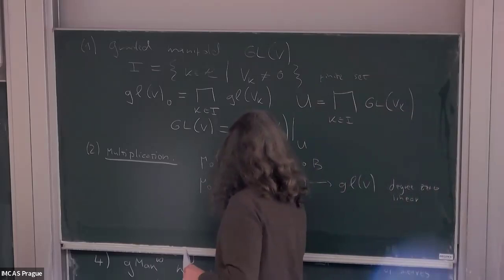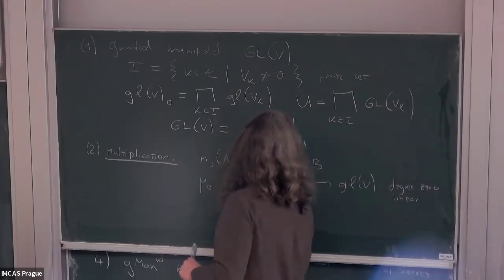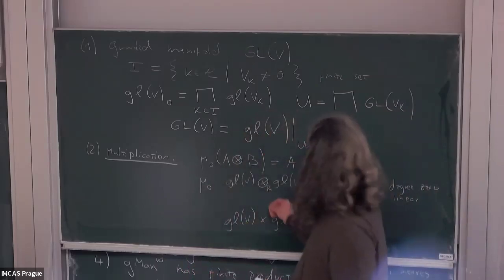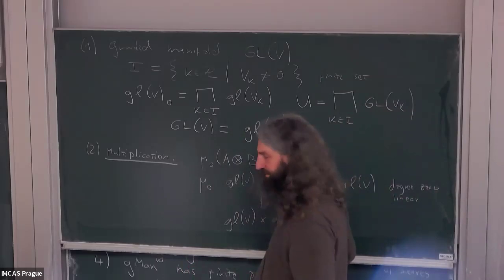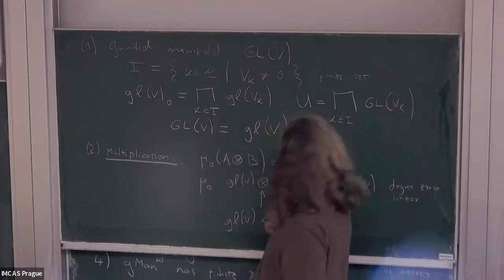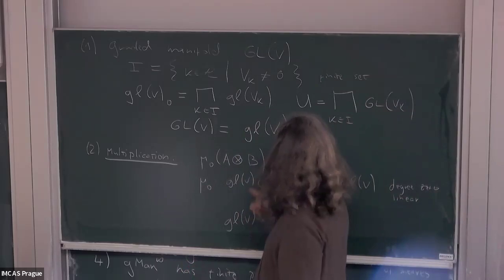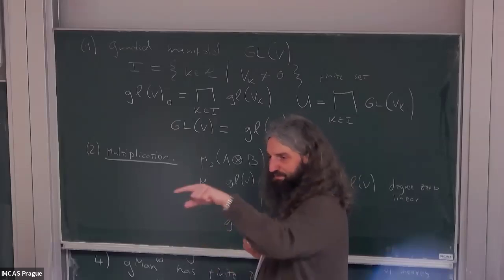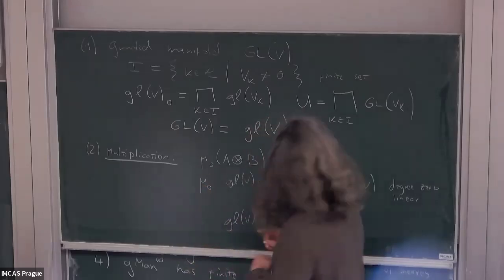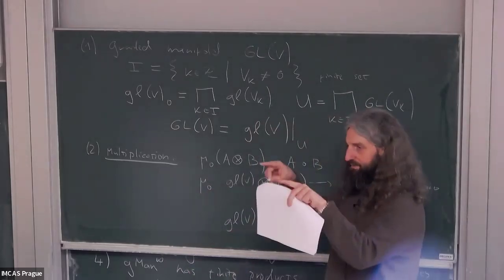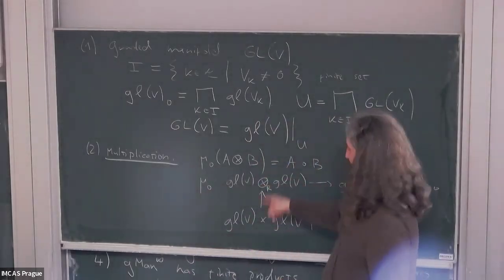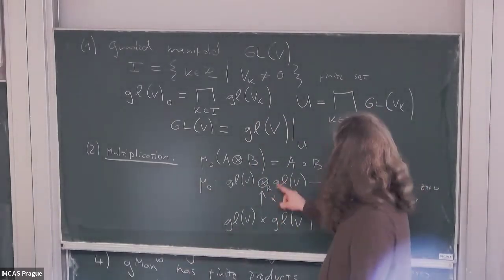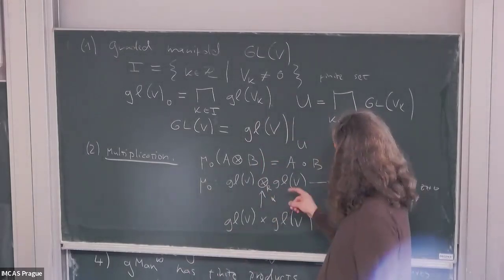And then you construct, you take the product manifold. So you take the product of those GLVs. And it's very easy to construct a canonical graded smooth map from here to here. It's motivated by the usual map from V times V to V tensor V, a very natural one, taking a pair V, W to V tensor W. So it's a graded smooth map, and you have to write it in some local coordinates, but it's very easy to do.